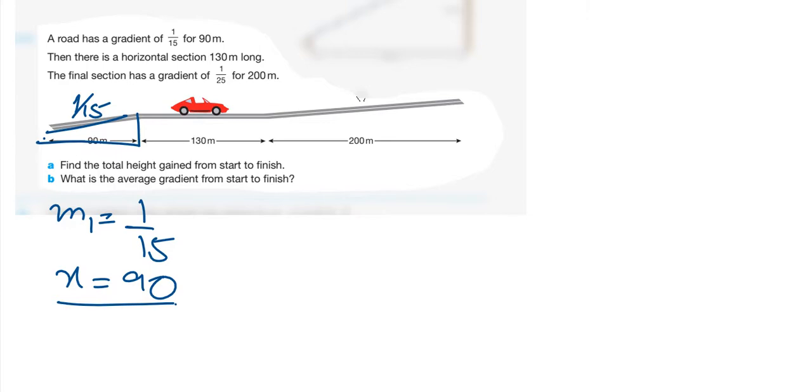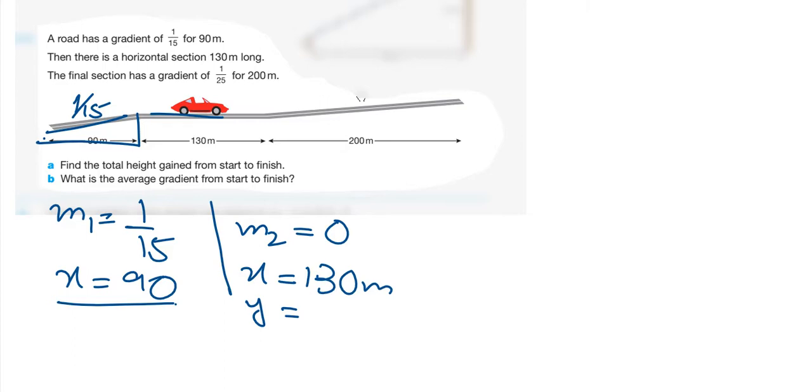Then there is a horizontal part, and you can write m2 will be equal to 0, x is equal to 130 meters, and obviously y will be that much height that is given over here. Whatever you find after doing this whole calculation, that would be the value of y over here.